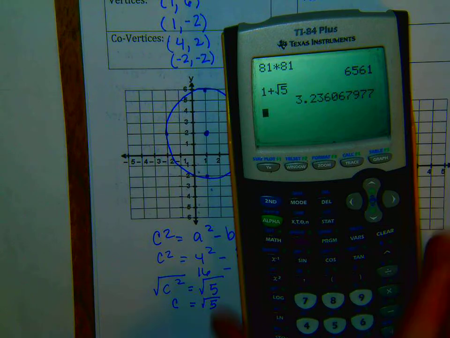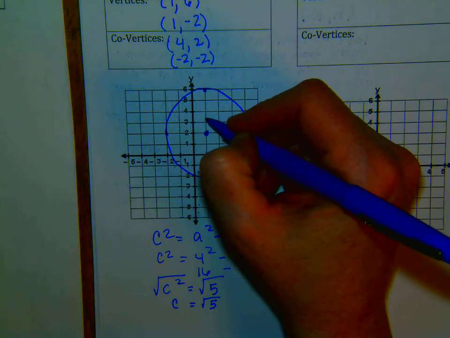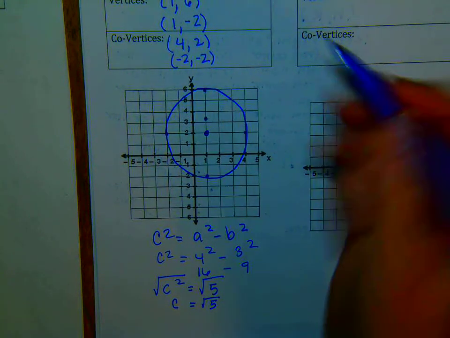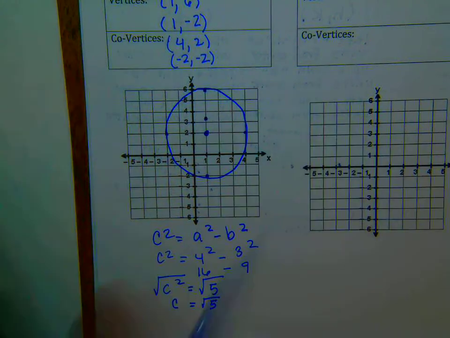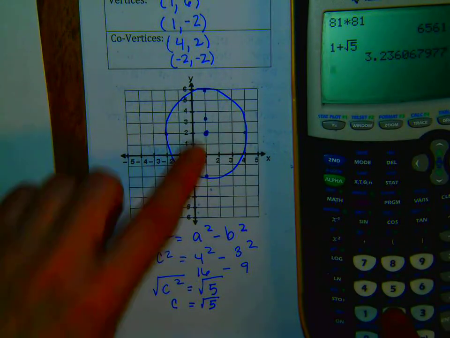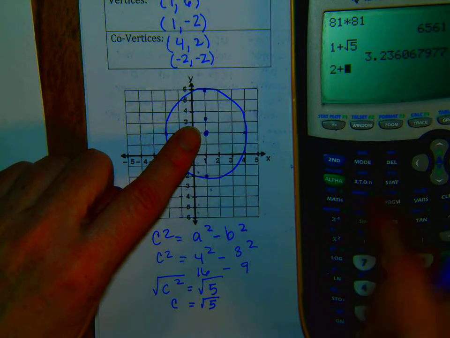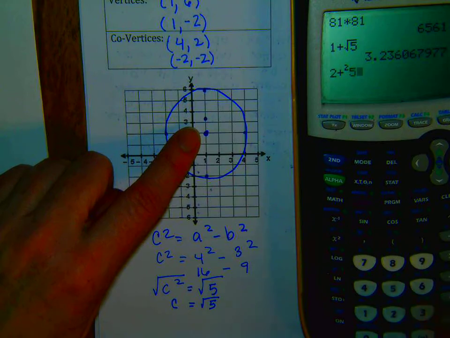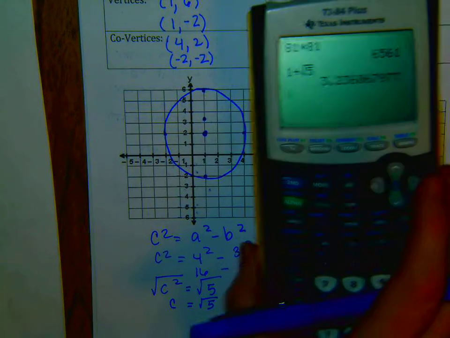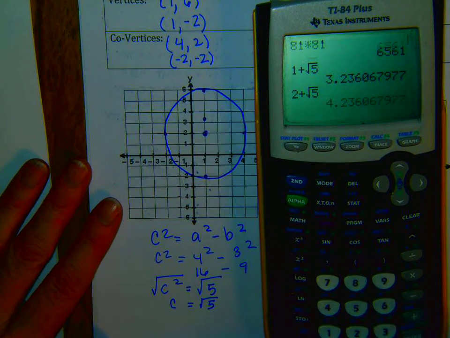So I'm up here at 3.23 for x, and then I need 2 plus the square root of 5. Wow, I'm having a rough day here. 2 plus the square root of 5 is 4.23. Sorry about that.